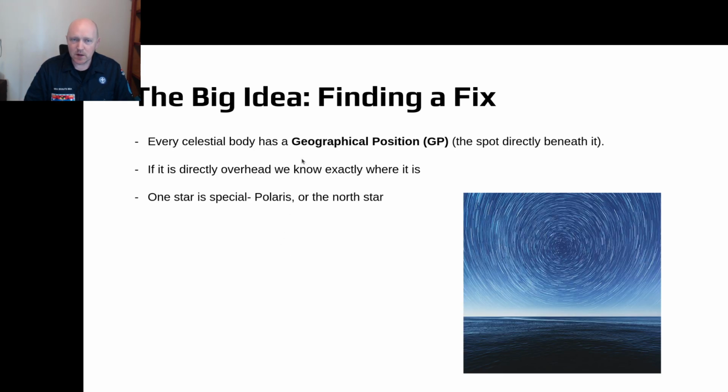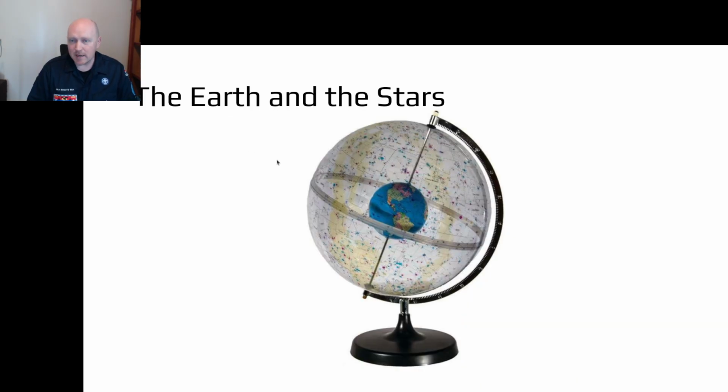In particular, every celestial body at any given time, and we'll talk about the stars here because that's, I think, the most useful, every star at any given time has a geographical position. To go back to this picture here, for example, if we picked a star that's right here on this outer shell, there's only one place in the world at any given moment where it is directly overhead.